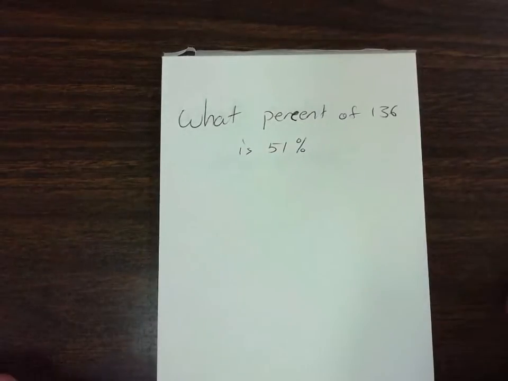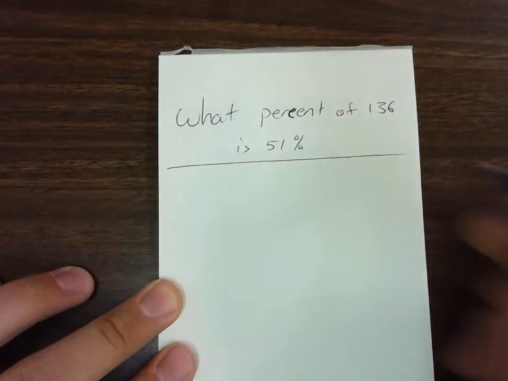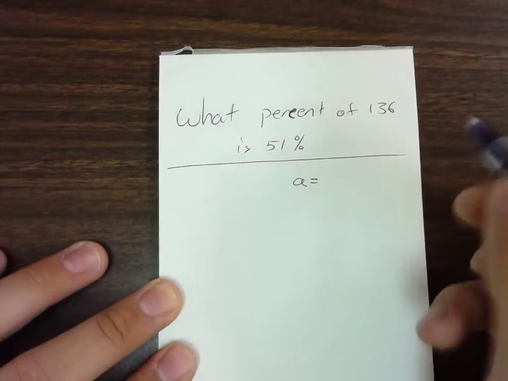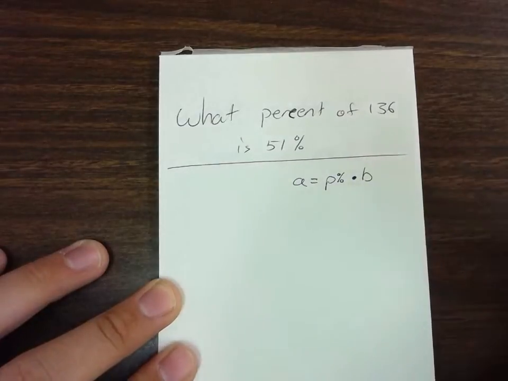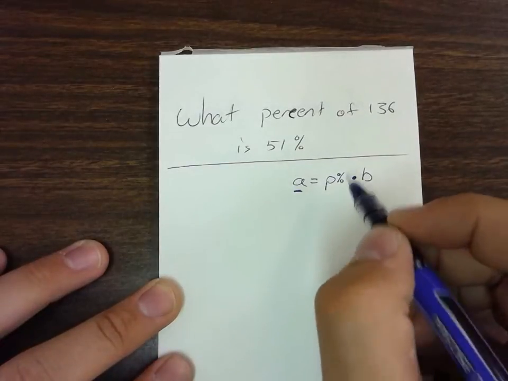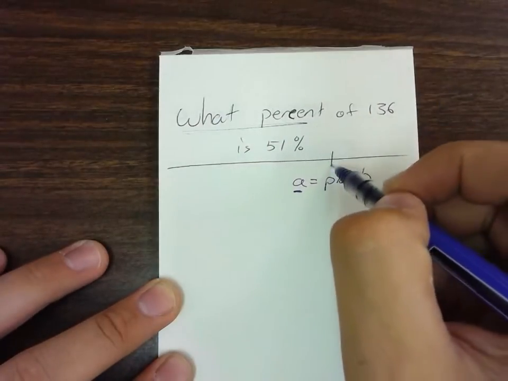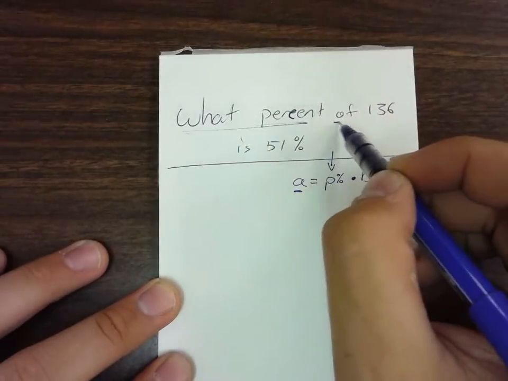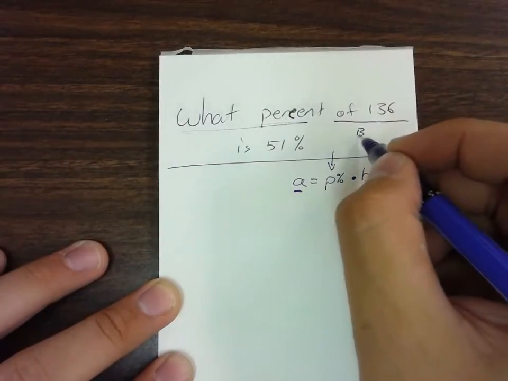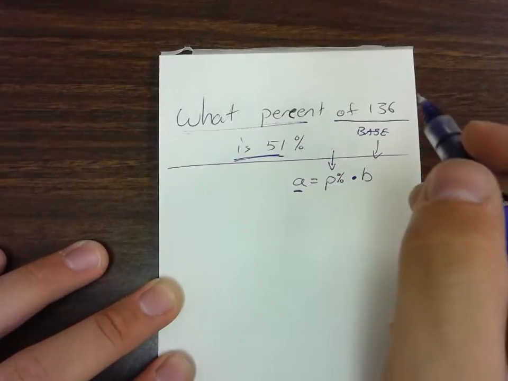So what percent of 136 is 51? So instead of using the proportion, we're going to use the percent equation just to show you what that looks like. A equals P percent times B. This is the part. It looks like I'm missing the percent, so P is what the variable is going to be. Of 136, so this has to be the base, is 51.